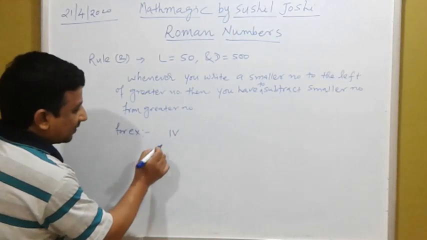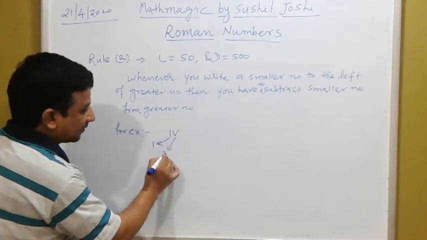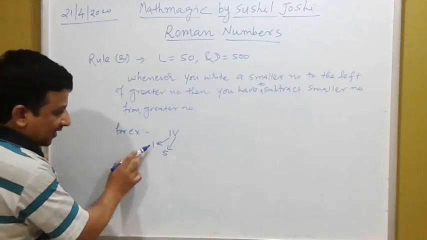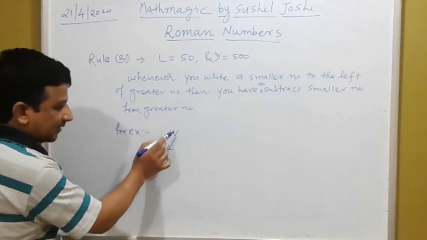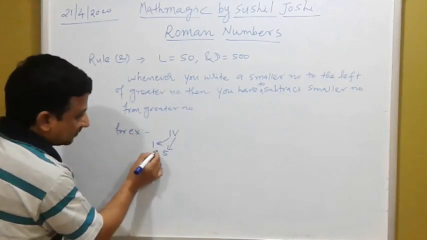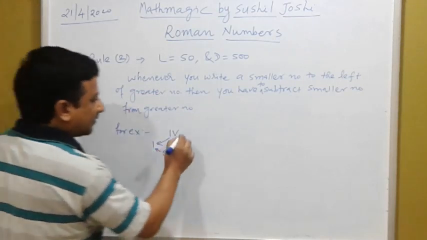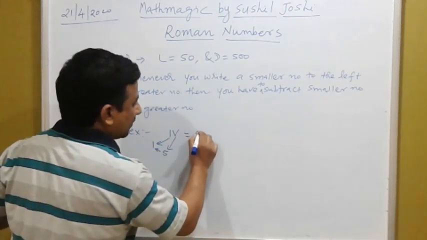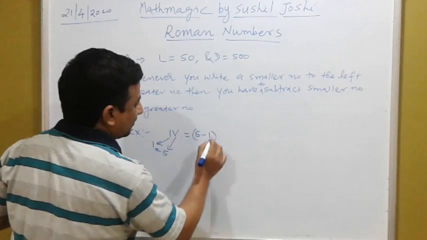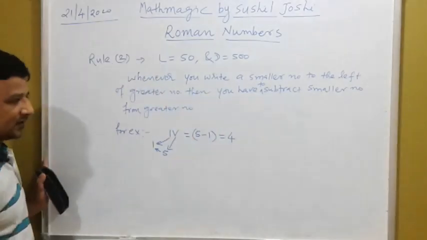So a smaller number, written on the left of the greater number, you have to subtract this 1 from 5. You have to subtract 1 from the greater number and we will get the result 4.